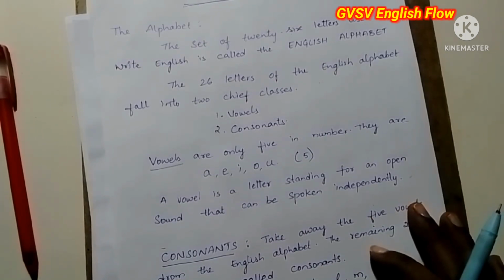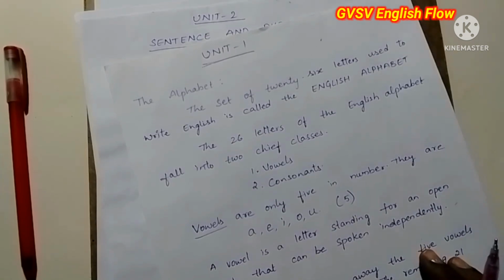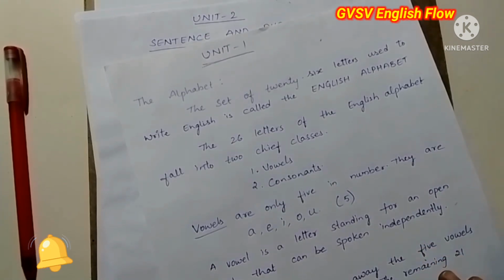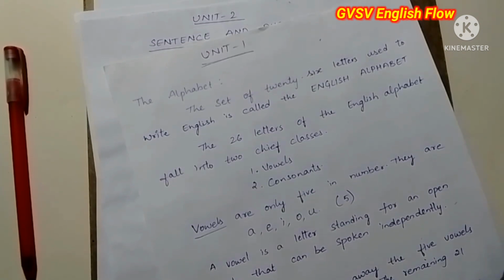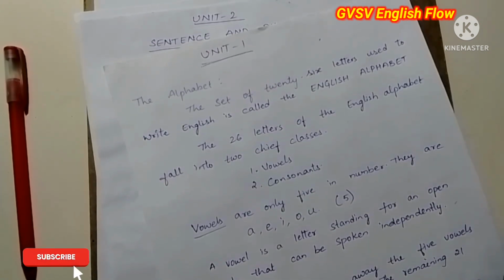So the first topic we learn in English grammar is the alphabet. For any language, we need some letters to make words, and those words make sentences. In English also we have 26 letters.